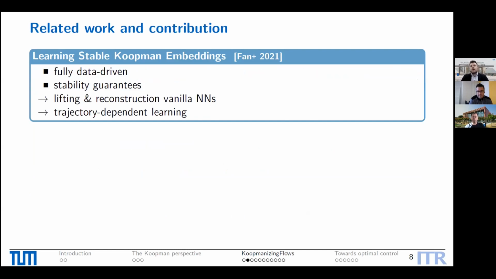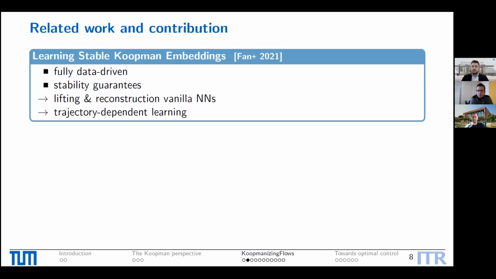You're probably aware of many works based on DMD and EDMD, but there's been a recent paper on learning stable Koopman embeddings that showed really advantageous performance, and for us at that point, a few months ago, really was the state of the art, where the authors offered a fully data-driven approach, meaning the features, the evolution, and reconstructions have been concurrently learned.